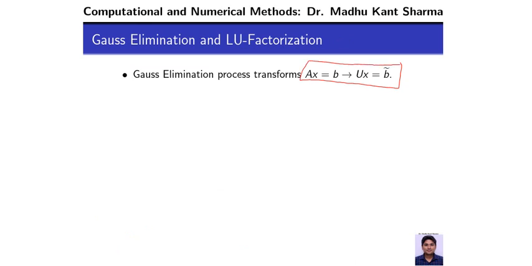During that process, the multipliers, the pivot multipliers, are more important. If you arrange the multipliers in a nice way, then you can find the L and U parts.